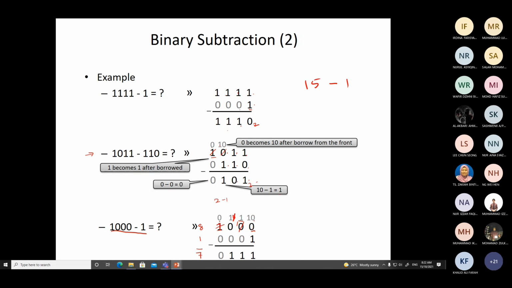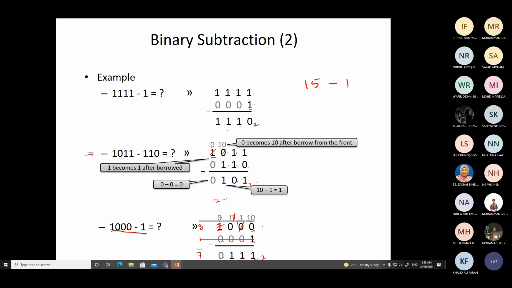The last digit that needs to borrow becomes 10. So 10 minus 1, 2 minus 1, is 1. Then 1 minus 0 is 1, 1 minus 0 is 1, and 0 minus 0 is 0. So in this case, your result is 111 base 2.